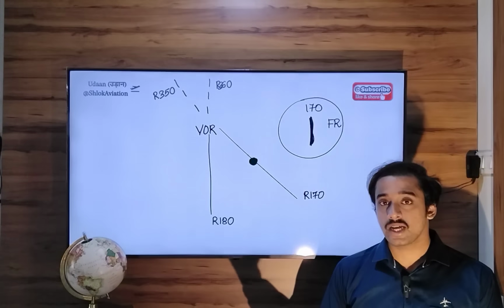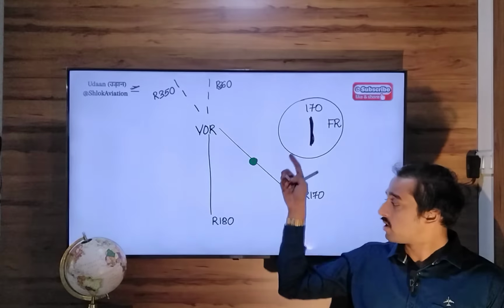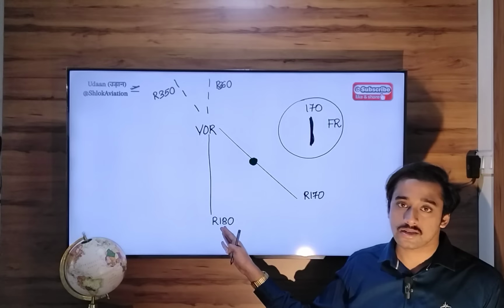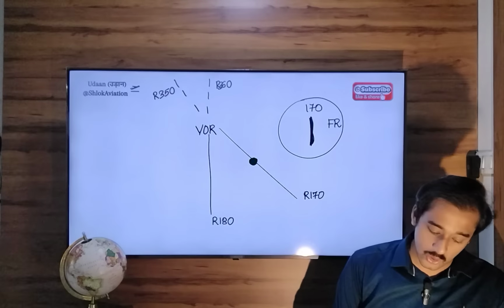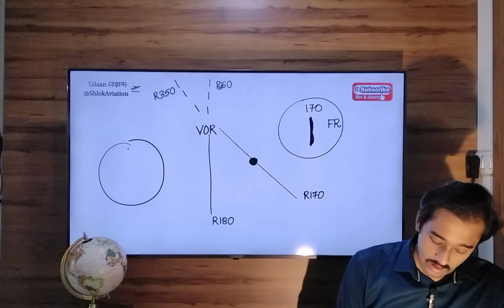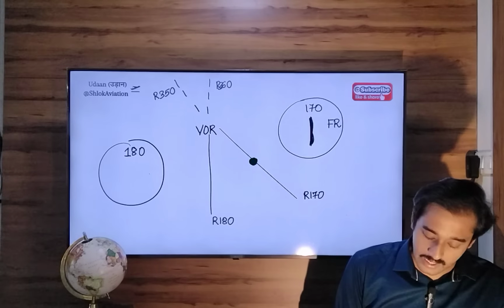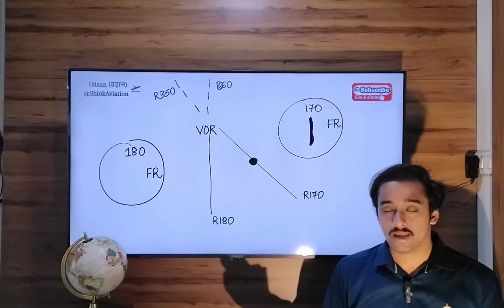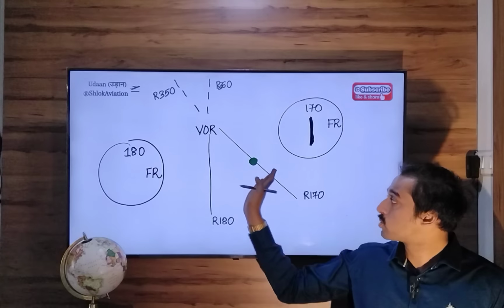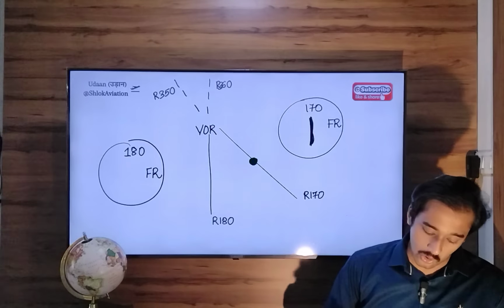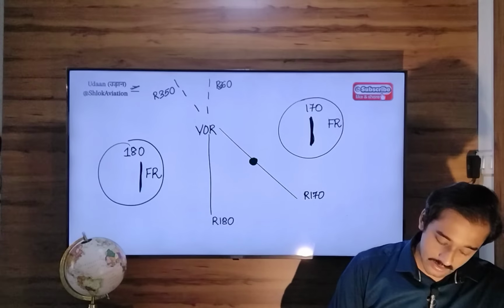Now I change this OBS selection to 180. When I do that, the TO/FROM indication remains FROM, and the CDI needle will go to the right hand side.